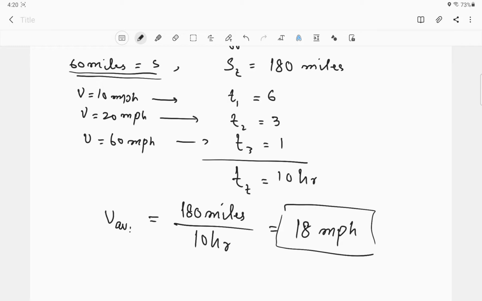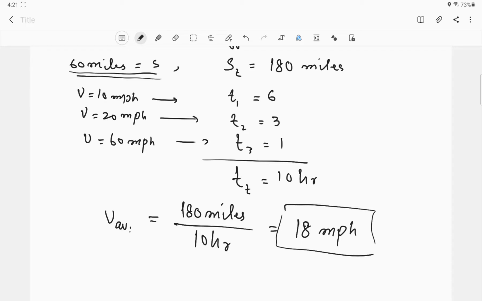It can be solved with fractional values as well, but for addition and multiplication it is really difficult to deal with fractional values. That's why my recommendation is that you suppose a value that is much easier to add, divide and multiply with the other numbers. So this is the whole story about the average velocity when the distances are the same.